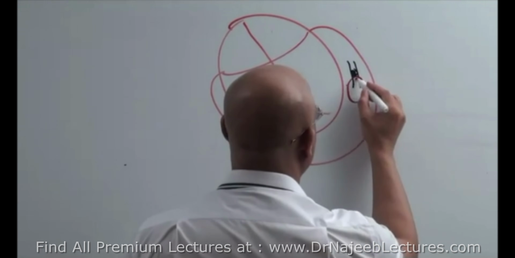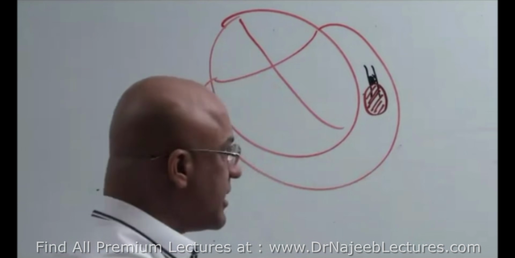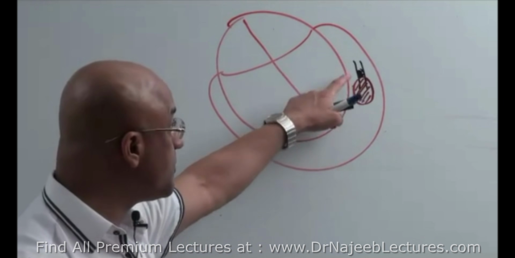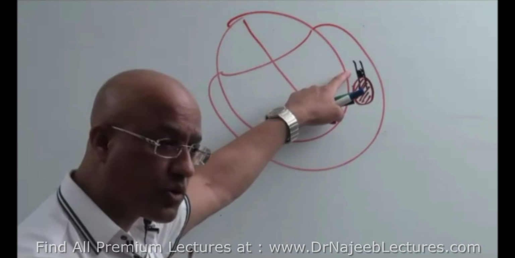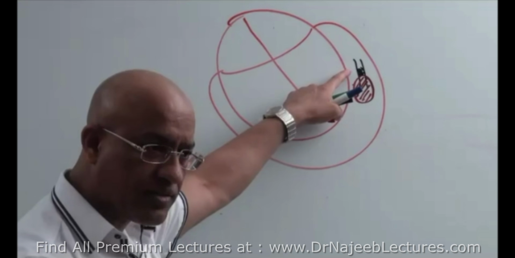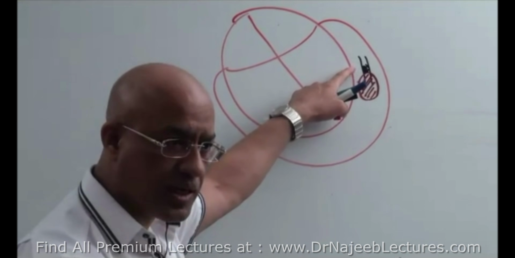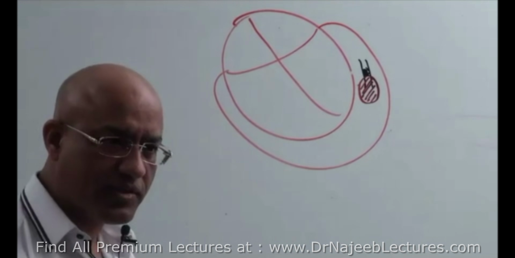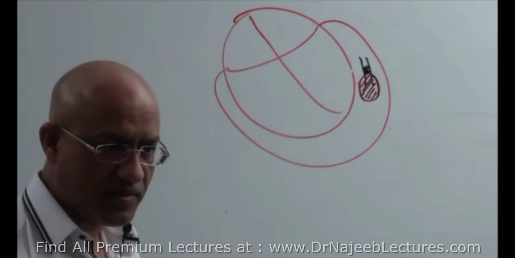Let's suppose this is the dependent myocardium. If severe deficiency of oxygen and nutrients remains for more than 30 minutes, this piece of myocardium is irreversibly injured.